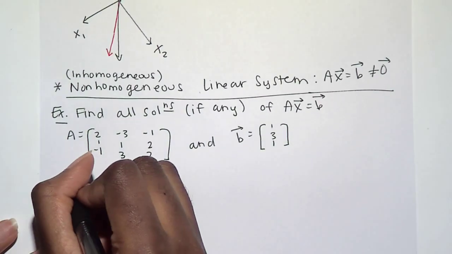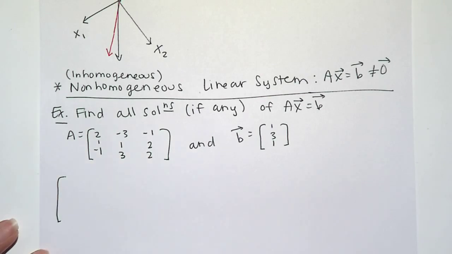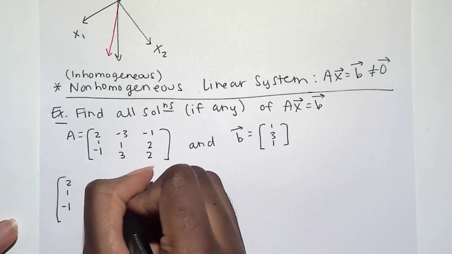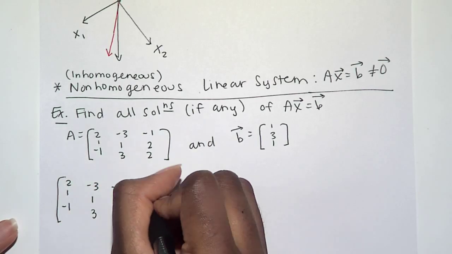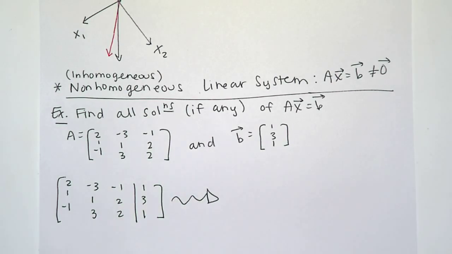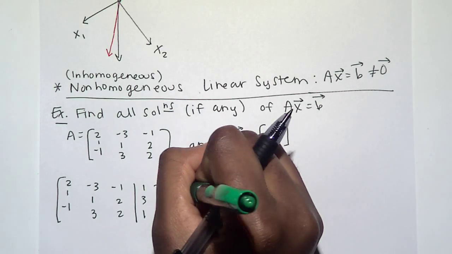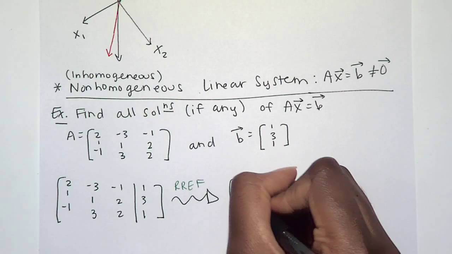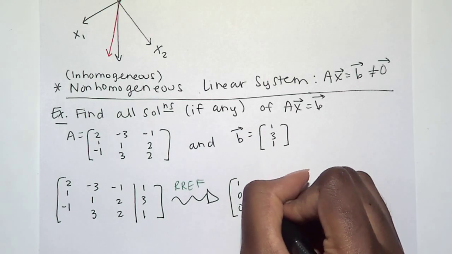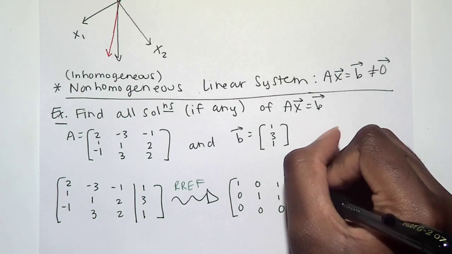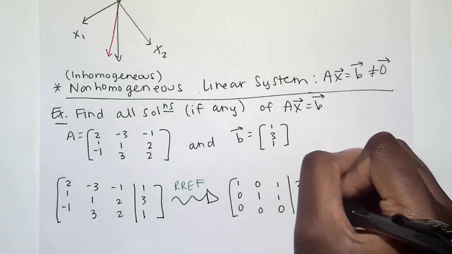Okay. So we will set up an augmented matrix, and then we're going to row reduce it into RREF. And so we should get the same setup on the left side as we did last time, but this time it's going to equal 2, 1, 0.